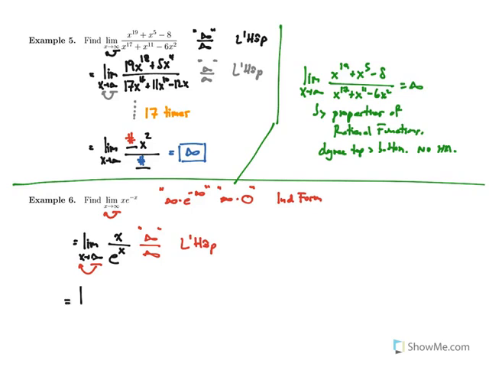So we're going to take the derivative of the top and the bottom separately. The derivative of the top is 1. The derivative of the bottom is just e to the x. So now, when you plug infinity in for x, you get 1 over infinity, and that is just equal to 0.